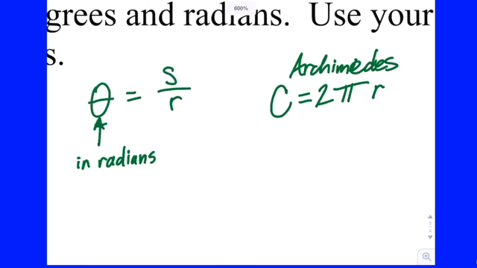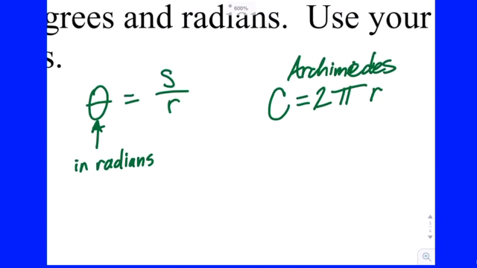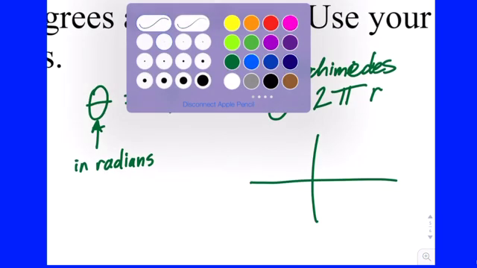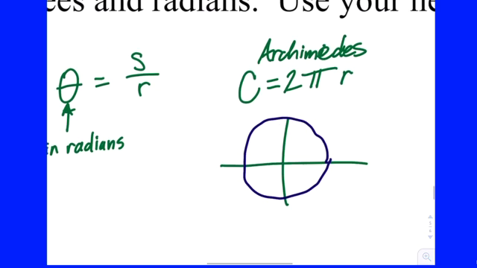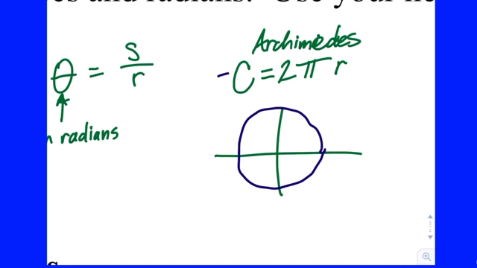He kind of came up with this and actually proved it. So this is known to man. Well, what is the circumference? It's the arc length for a full rotation. Would you agree? Yeah, the circumference is really just the arc length for a full rotation.